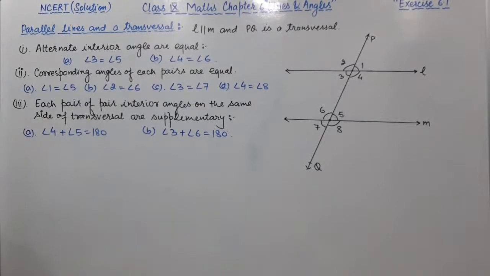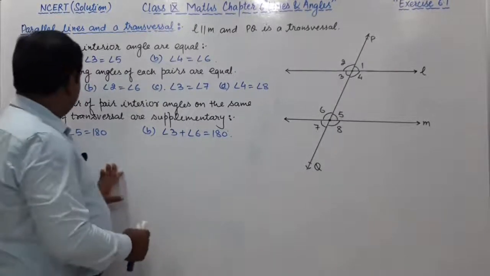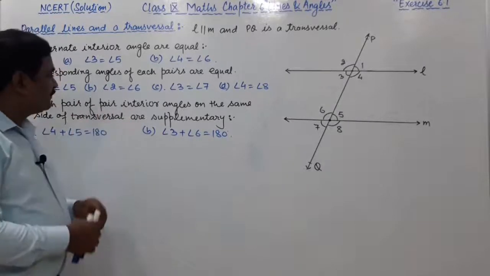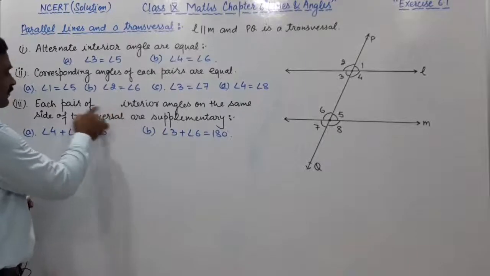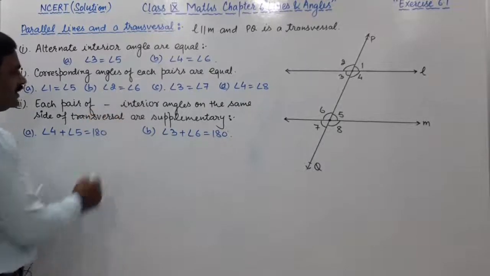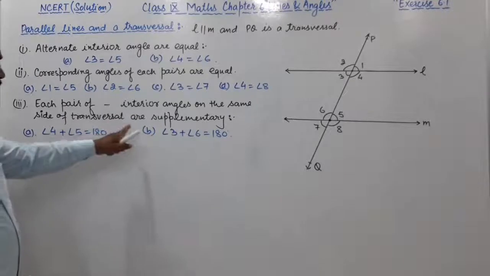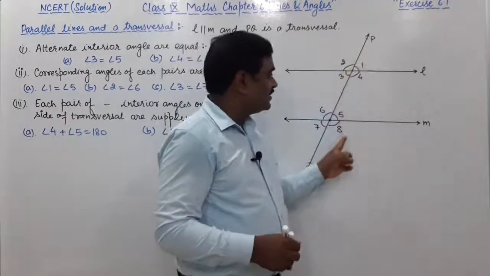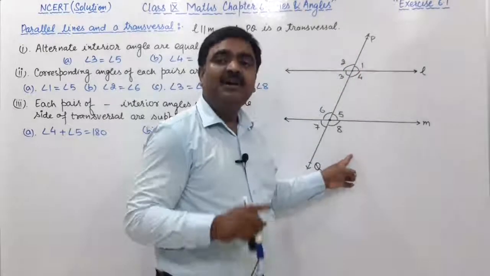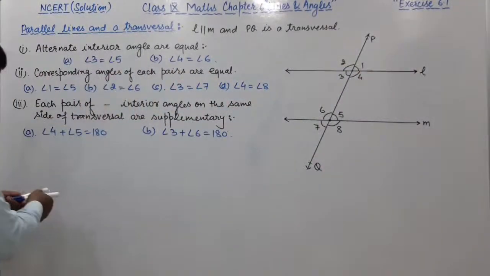After that, angles of a pair of alternate interior angles are equal, angles of a pair of corresponding angles are equal, right? As you have read, each pair of interior angles on the same side of transversal are supplementary, same as each pair of exterior angles on the same side of transversal are also supplementary, right?